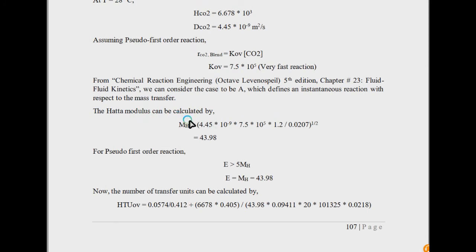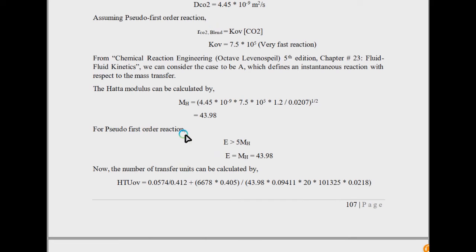The Hatta modulus can be found using a relation like the square root of D multiplied by k multiplied by Ca, the concentration of A, divided by 0.0207, that is the mass transfer coefficient in the liquid phase. So the Hatta number, or Hatta modulus, can be calculated to be 44 approximately in this case.